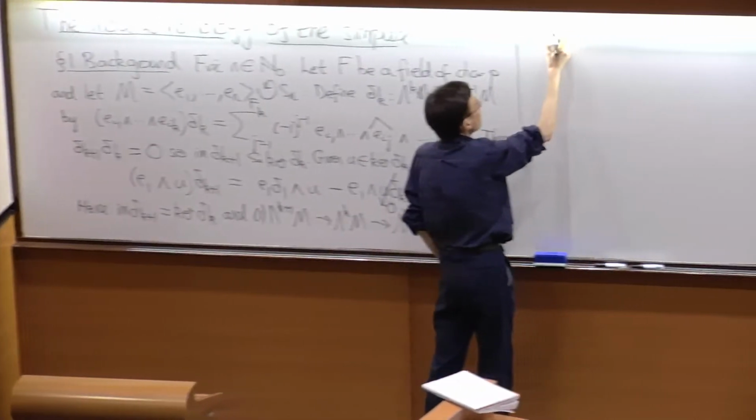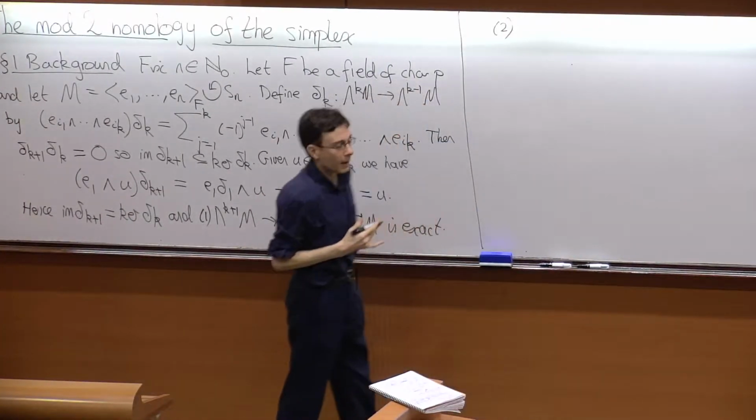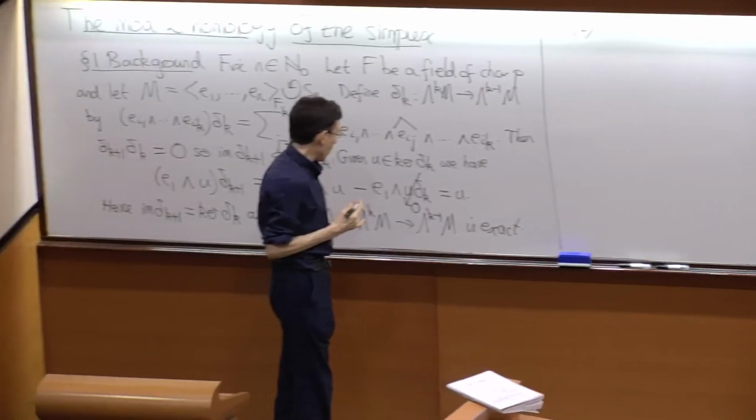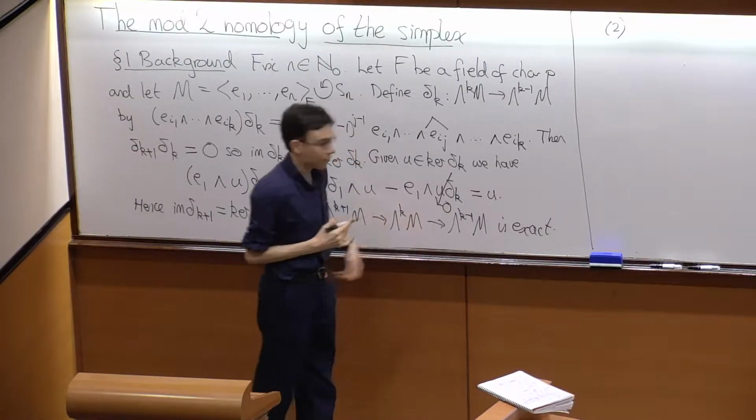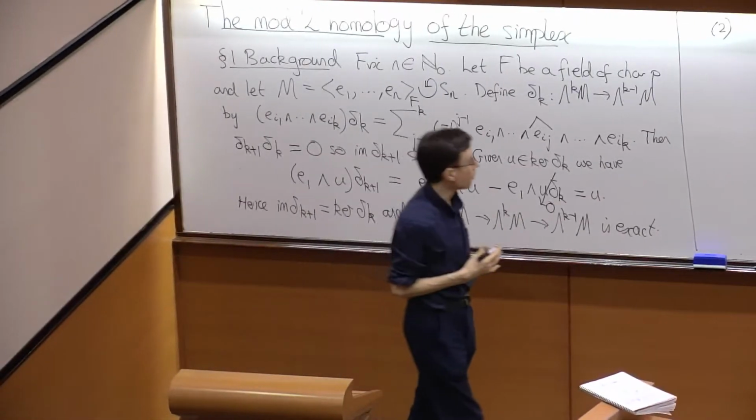And it's natural to ask when it's actually split, so when can I write the middle term as the direct sum of an image and kernel?